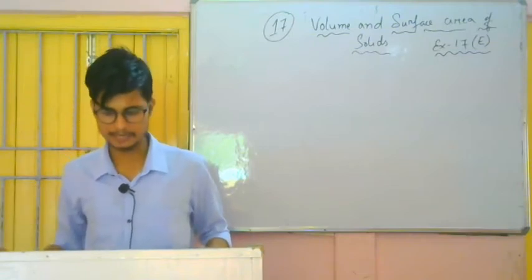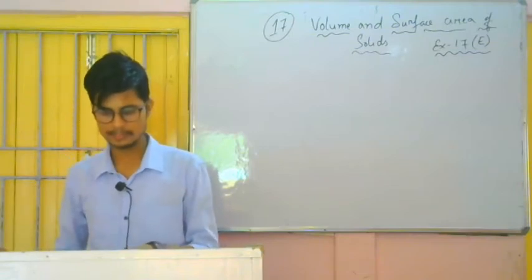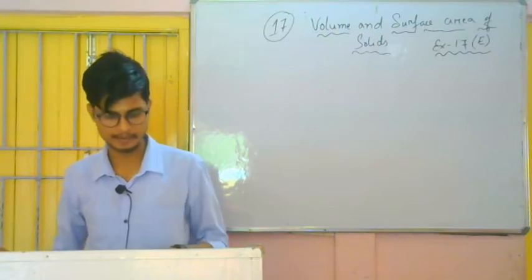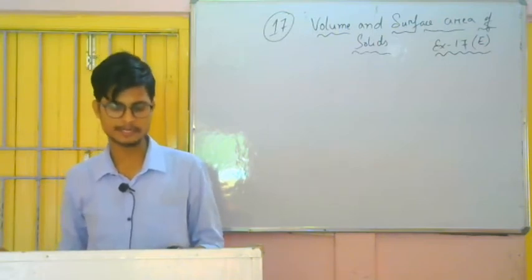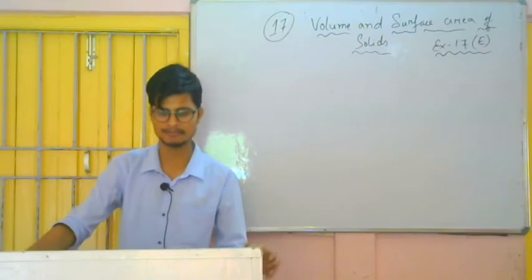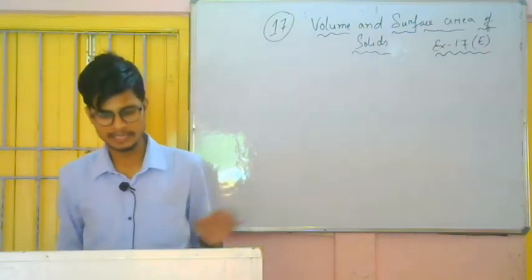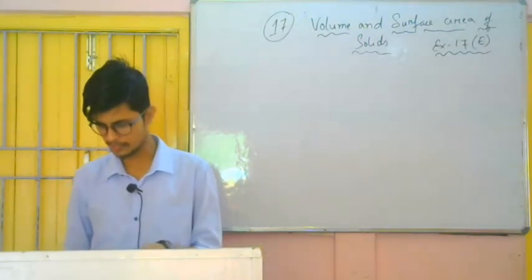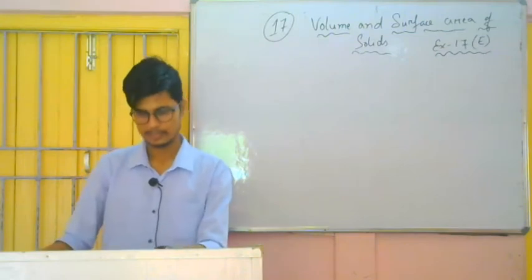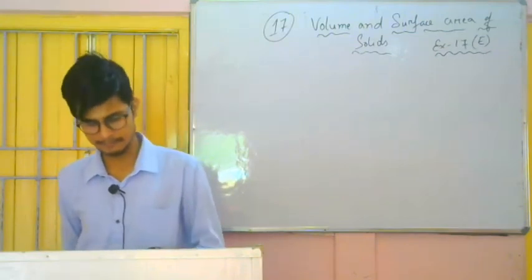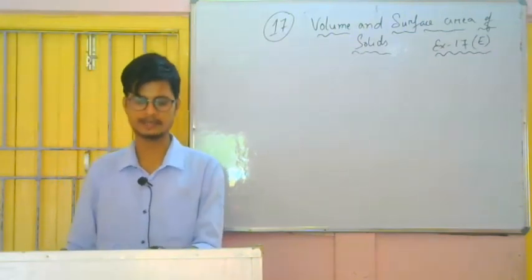Its curved surface area is 1/3 of its total surface area. Find the volume of the cylinder. So question is to find the volume of the cylinder. Total surface area it is given 462, and again it says that curved surface area is 1/3 of the total surface area.